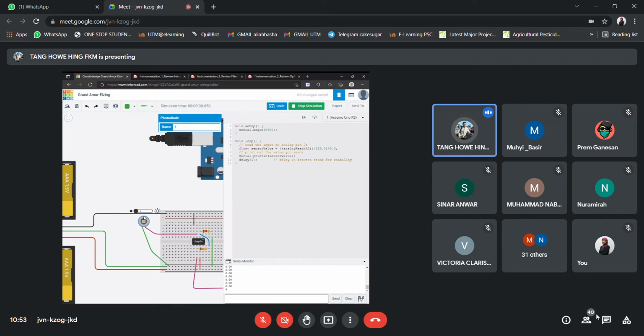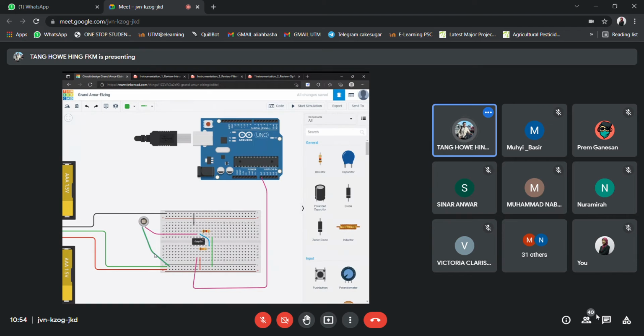So right now it is 0 volt, and if I keep on going to the maximum, okay, seems like, I believe it is because of this. Yeah, negative, and then this one goes to the ground, and then this cathode comes to here.